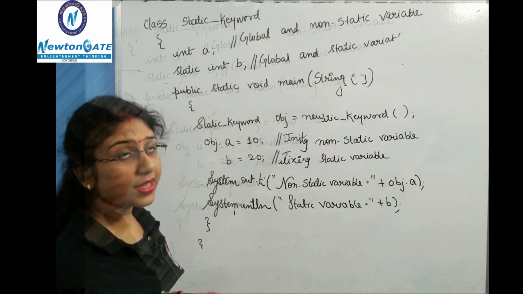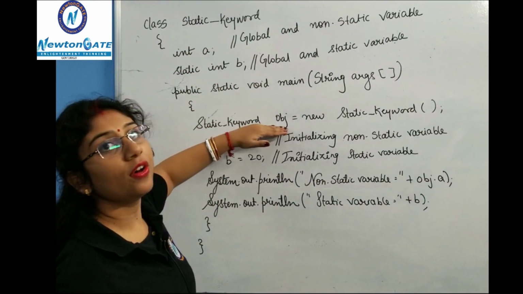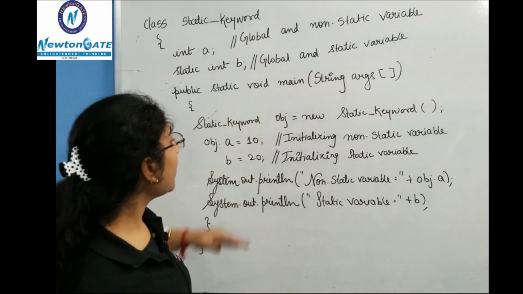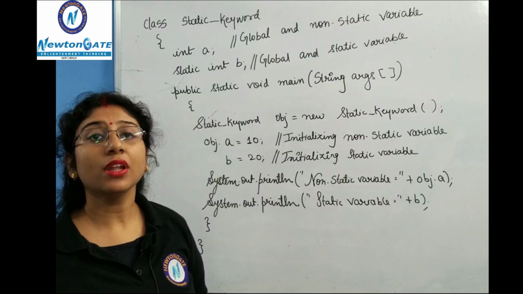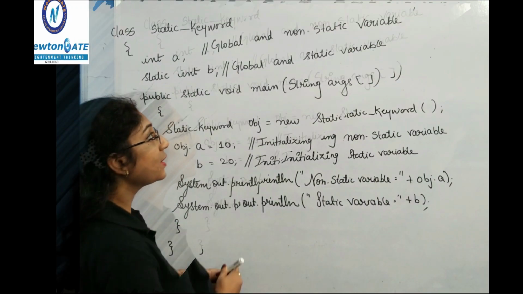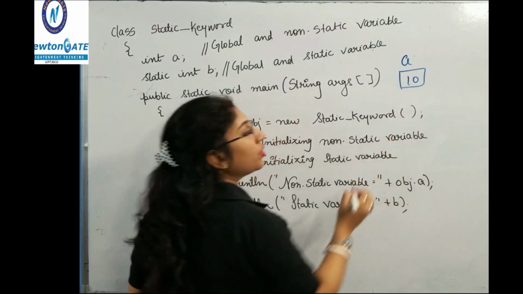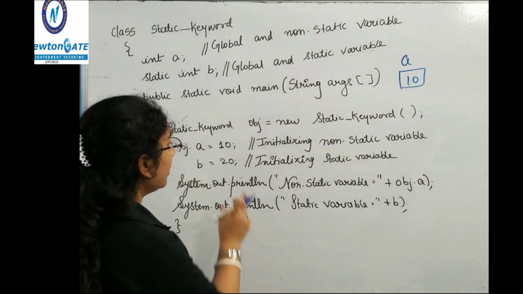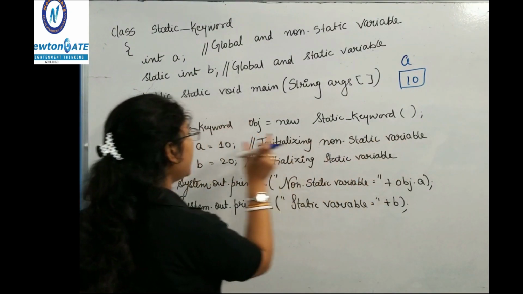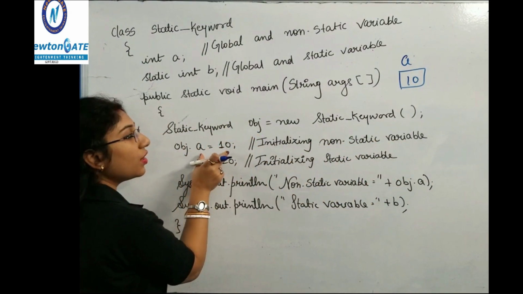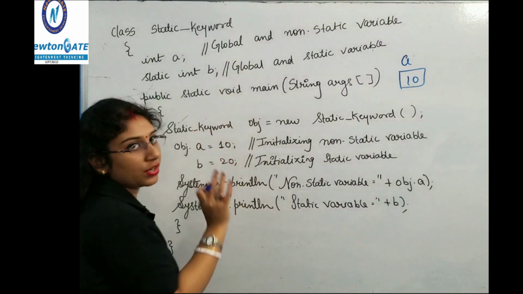So obj.a equals 10, and inside a, 10 will be stored. Here I have initialized the non-static variable, and in this way I can access or initialize a non-static variable inside a static function.